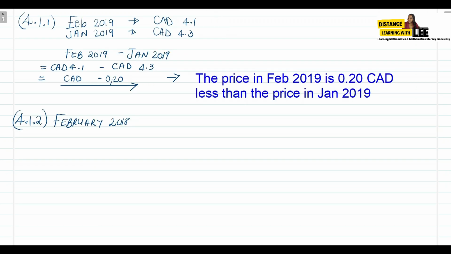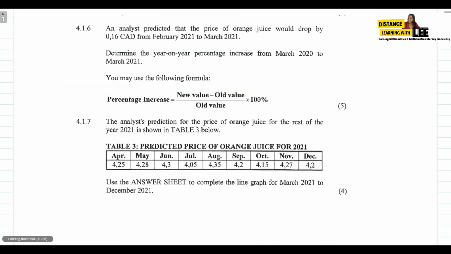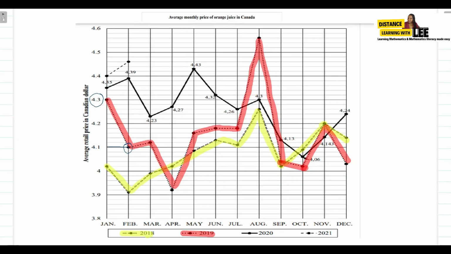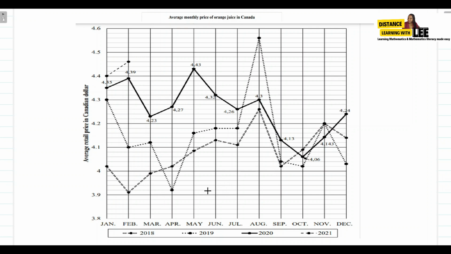Okay, next question. Question 4.1.3 states the month and the years in which the price of the orange juice was exactly the same. So let's have a look at the graph. This question is a bit tricky because of the wording, we can get different answers.